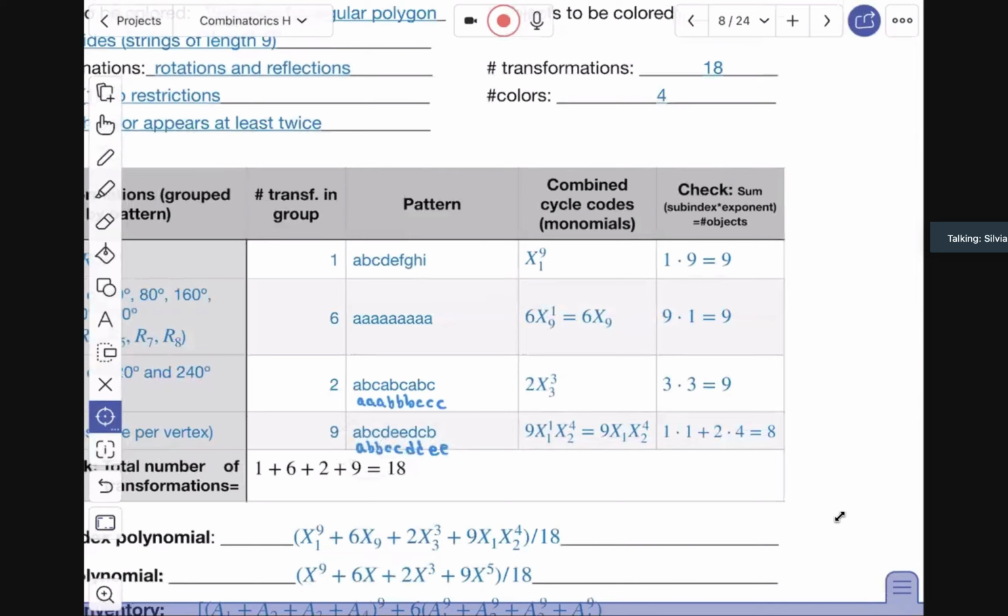So I can do subindex times exponent, that's 1 times 1 plus 2 times 4, and this is a 9. Something had to go wrong. That's a 9, and that's a check, right? If it had been 8, then something would be wrong in all my analysis. It's a check. Okay, so that was what I was expecting for this past weekend.